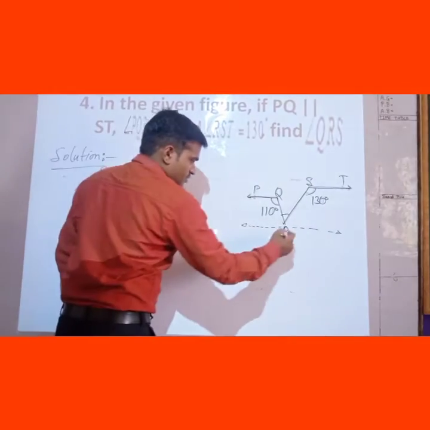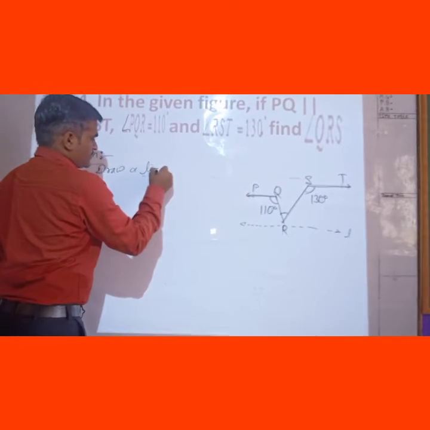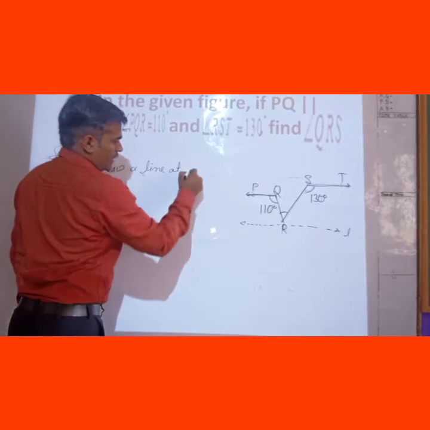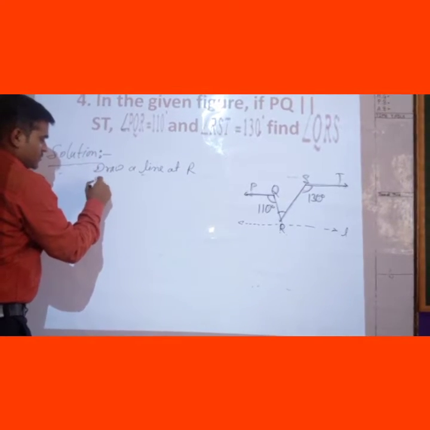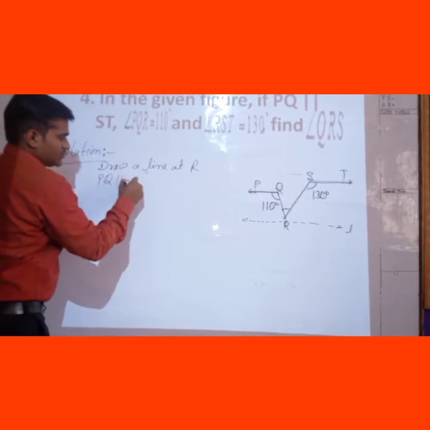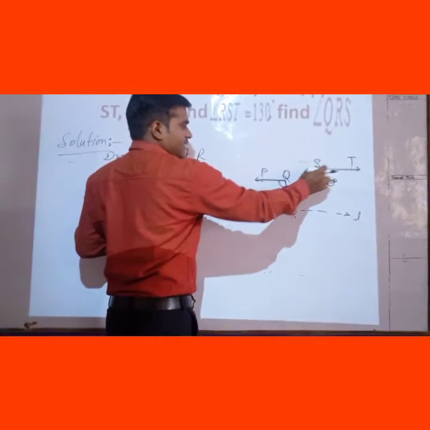You can write its name here. Draw a line at R that is parallel to PQ. This line is parallel to PQ and ST.